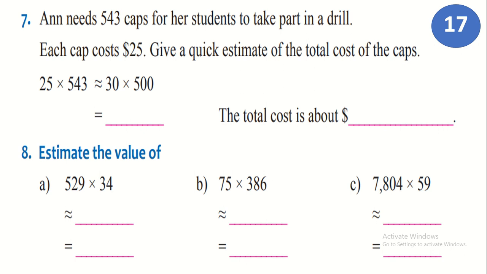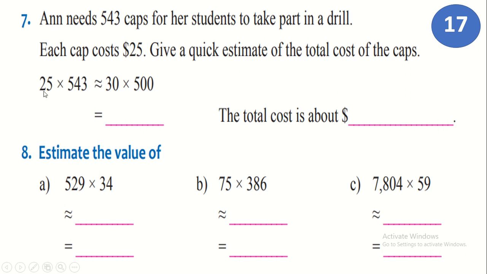Okay, number 7. Anne needs 543 cups for her students to take part in a drill. Each cup costs $25. Give a quick estimate of the total cost of the cups. Estimate, you round off first, the same here.